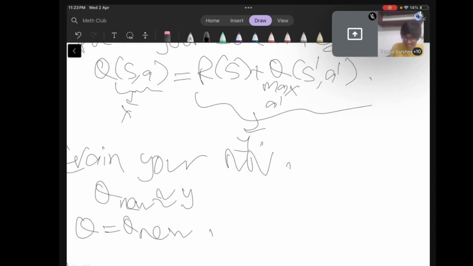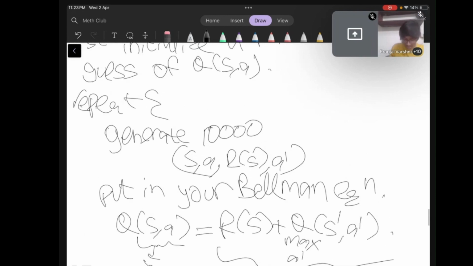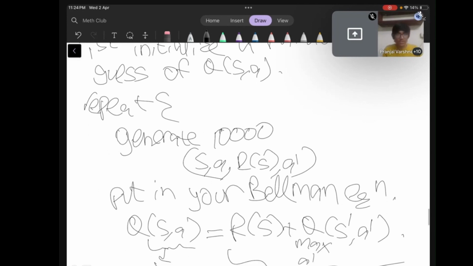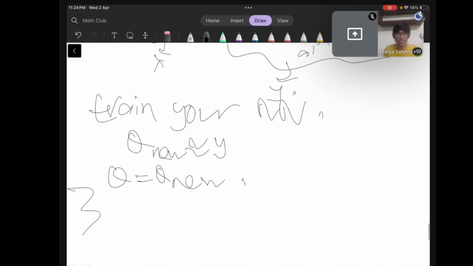Did you guys understand this? The algorithm: you first generate, put it in your Bellman equation, get x, y, train your network, get Q new, then set Q to Q new and repeat.